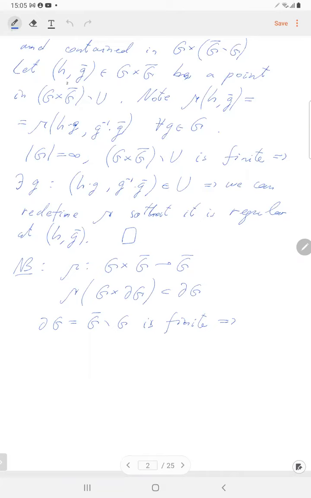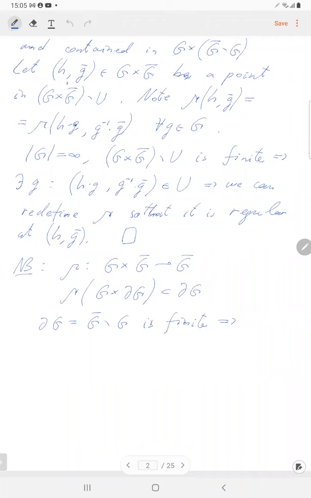Is G bar a group itself? Certainly not, because what are we talking about? It's either elliptic or additive or multiplicative. For additive or multiplicative, it will be just P1, the projective line, right? Certainly the projective line is not a group just because its tangent bundle is not trivial, right? Okay, so certainly not.